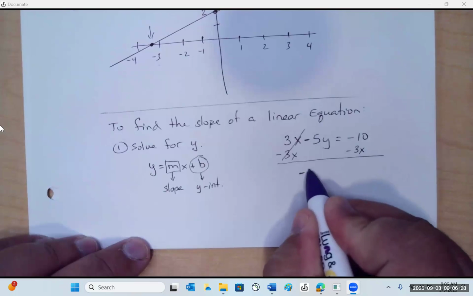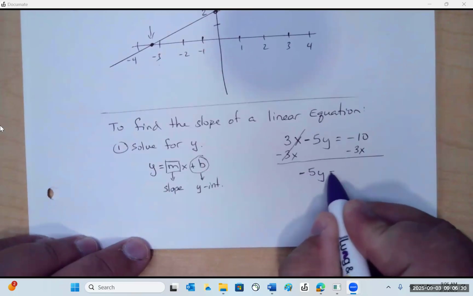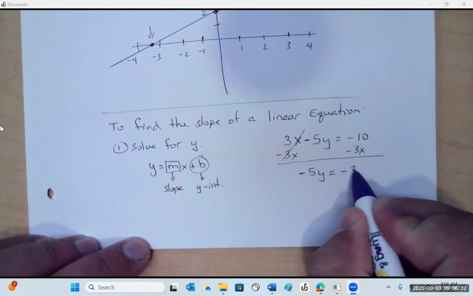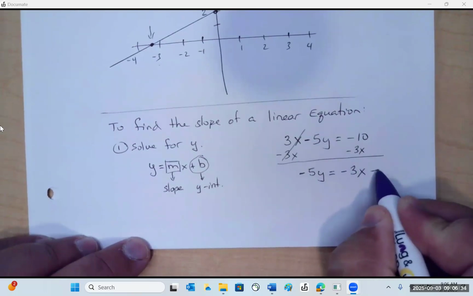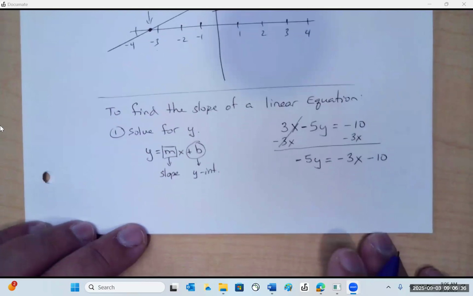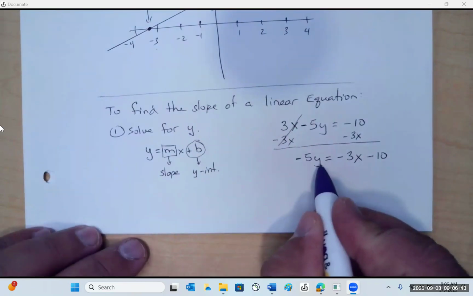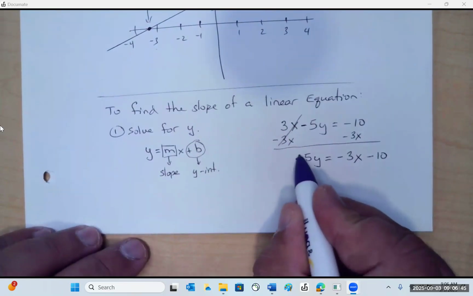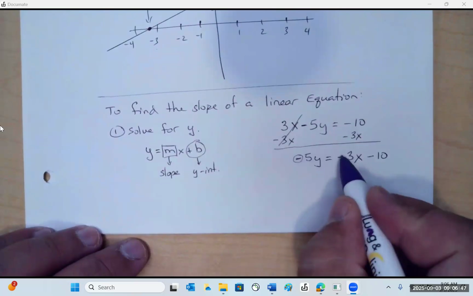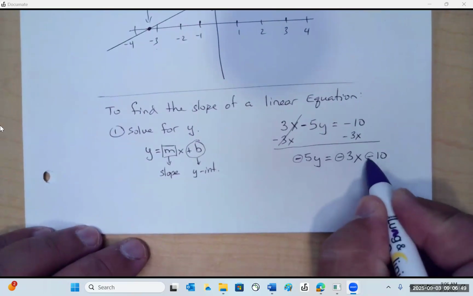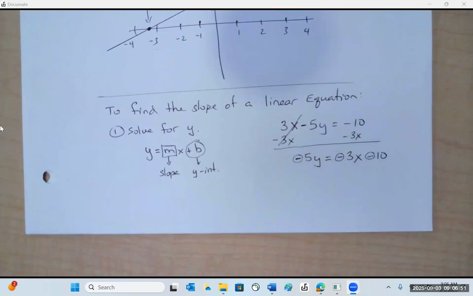That gives me negative 5y equals negative 3x minus 10. We're trying to get the y. So we get rid of the negative sign first. Change all of the signs across the equation. So in other words, the sign of each term changes.